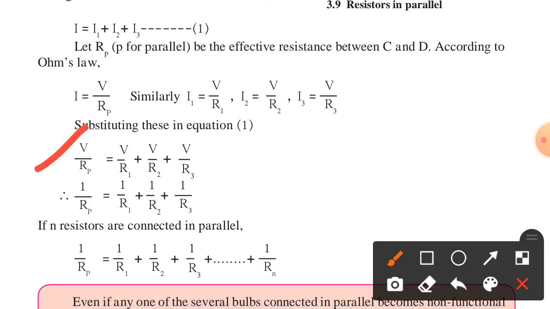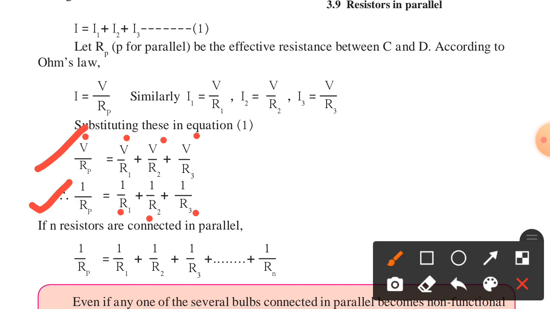V upon Rp is equal to V upon R1 plus V upon R2 plus V upon R3. Here V means potential difference is same, therefore this is cancelled and we get 1 upon Rp is equal to 1 upon R1 plus 1 upon R2 plus 1 upon R3. This is the formula of parallel connections.